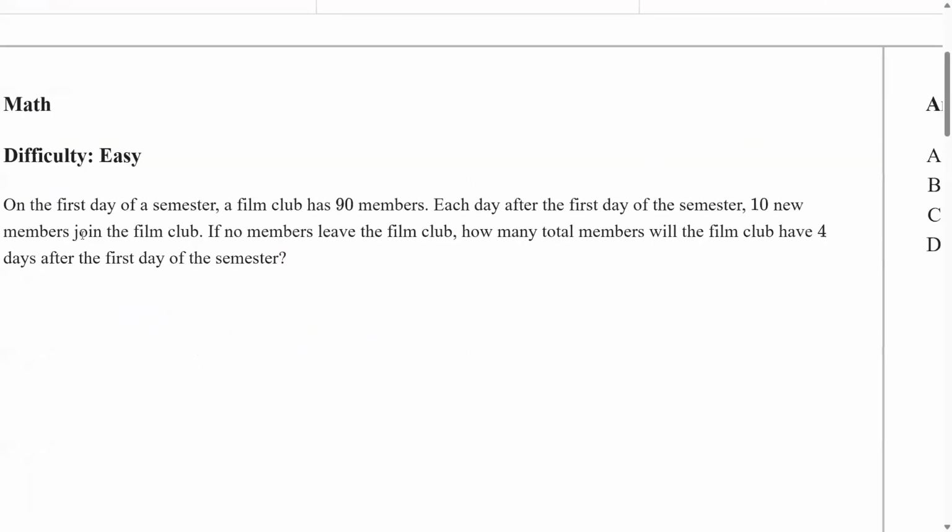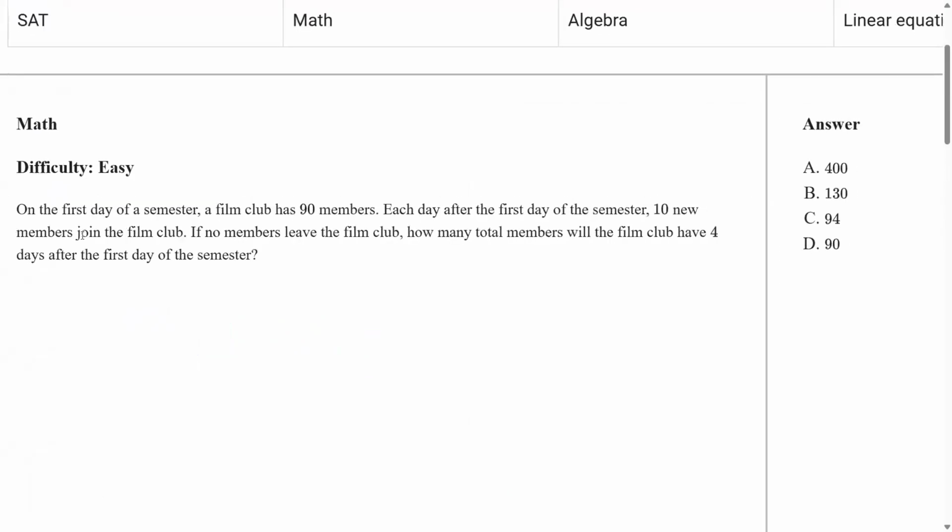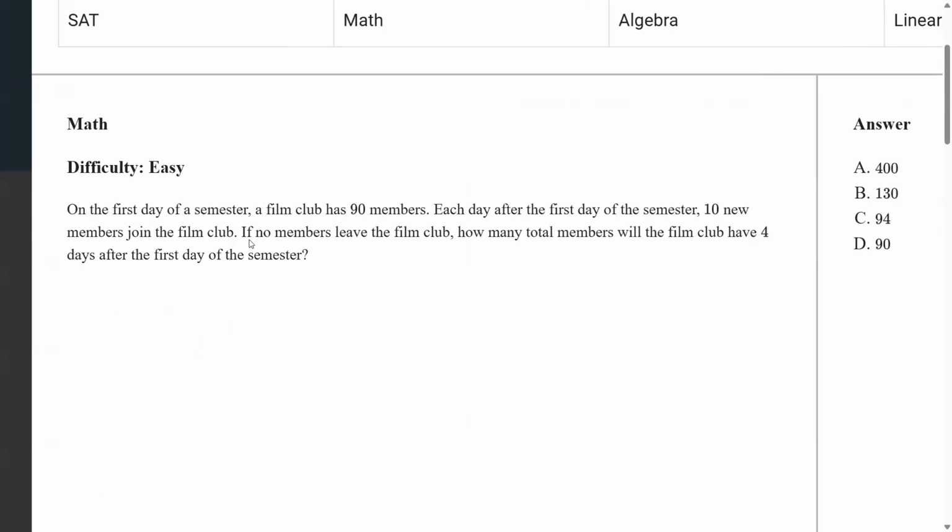On the first day of a semester, a film club has 90 members. Each day after the first day, 10 new members join the film club. No members leave. How many total members will the film club have 4 days after the first day of the semester? It's also a linear equation. Decide the initial, which is 90, and the rate, which is 10.